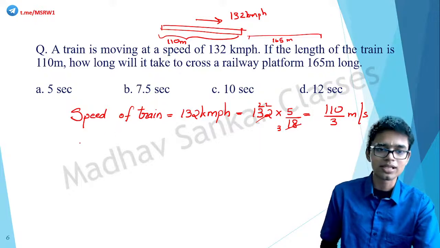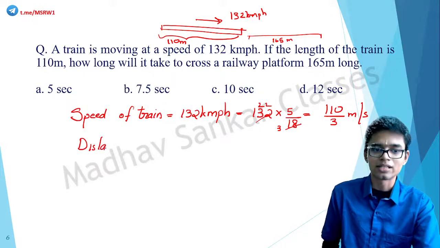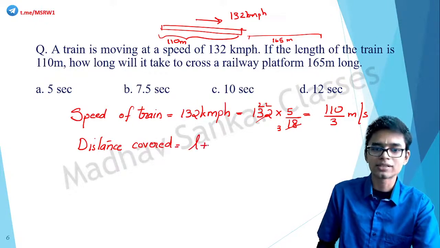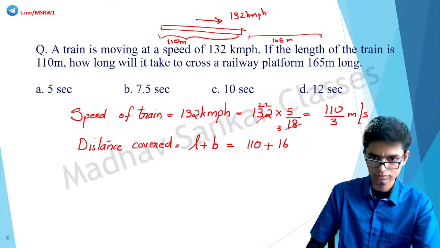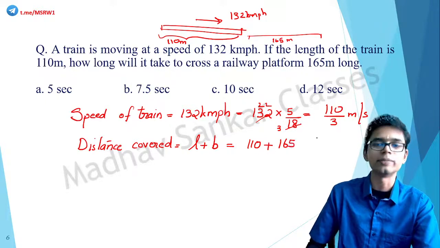Now, distance covered. Distance covered is equal to length of the train plus length of the platform. This is equal to how much? 110 meters plus 165 meters.